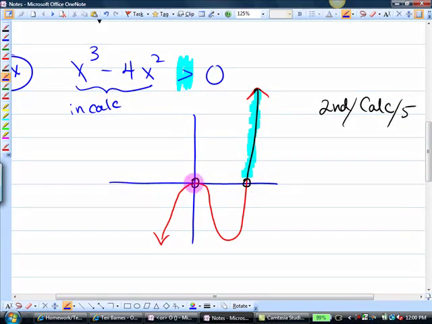Looks like that one's at 0. Okay. All right. So I've got open circles because there's no equals. I've highlighted any part of the graph that's above because that's greater. And so here's my answer. Where does it start? 4 and goes to infinity.